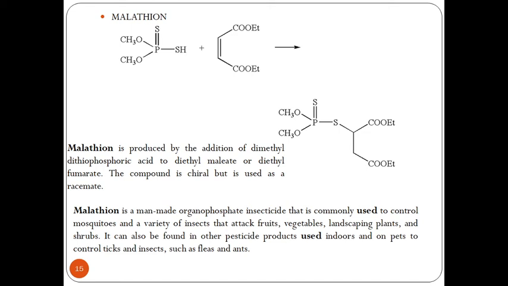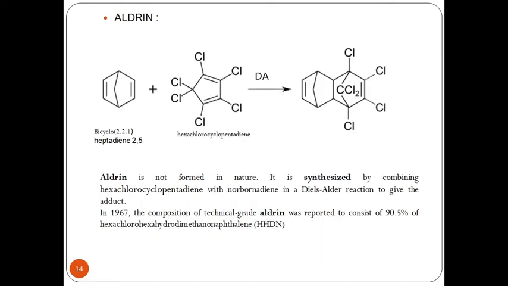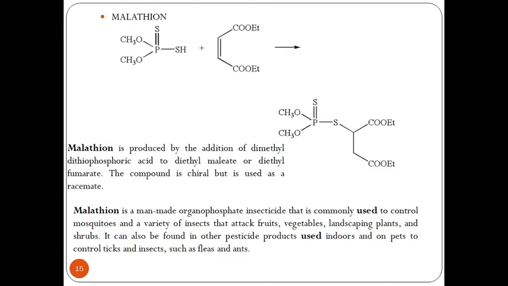Now before we finish this, we need to understand the spectroscopic properties of the aldrin system. In the IR, in the fingerprint region, I can observe C-Cl, and in mass spectrometry, I can observe a 3:1 pattern. Whereas the speciality of the malathion system is that in the starting material we can observe S-H and C double bond C, and the C double bond C is lost in the final compound.